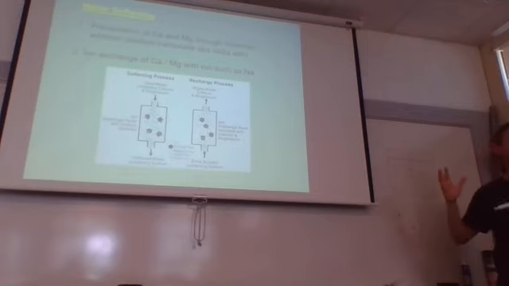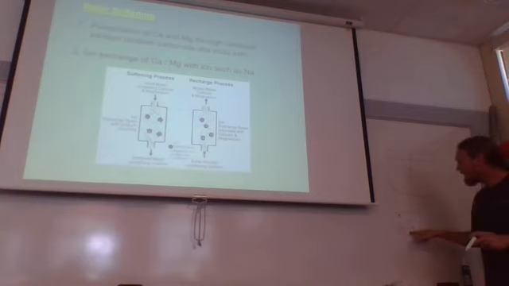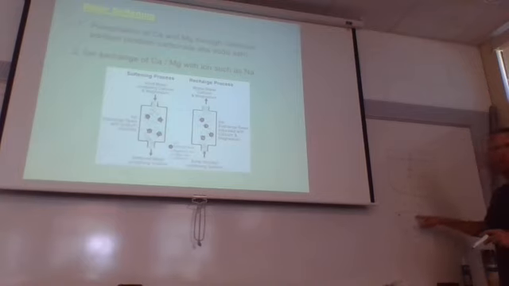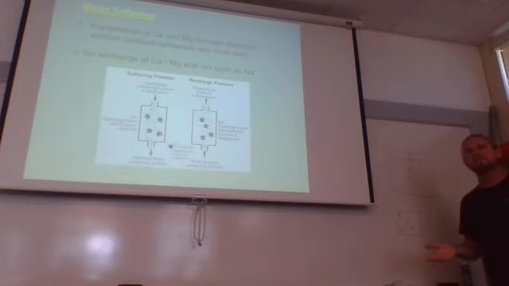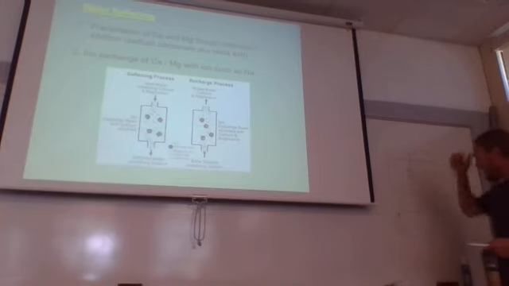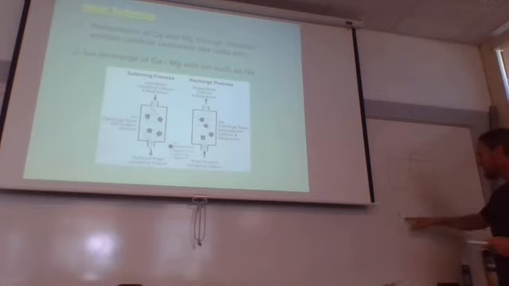It wouldn't happen if they weren't actually dissolved, if they were just suspended particles. But since they're in solution, they're going to move from an area of higher to lower concentration. And what do we call that process? Finn, what's the answer? It's diffusion. Movement of anything in solution from an area of higher to lower concentration.